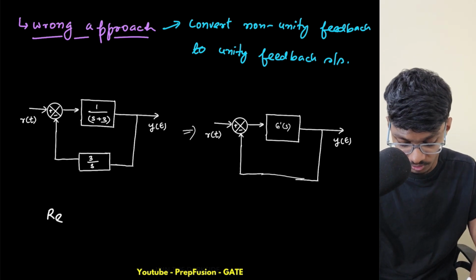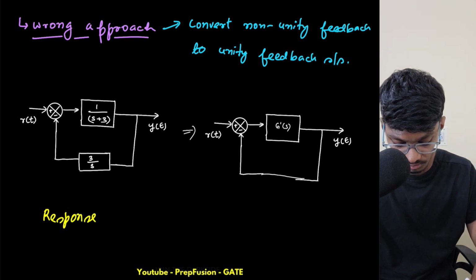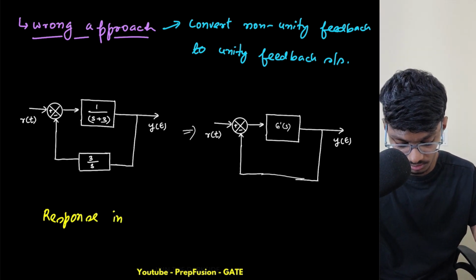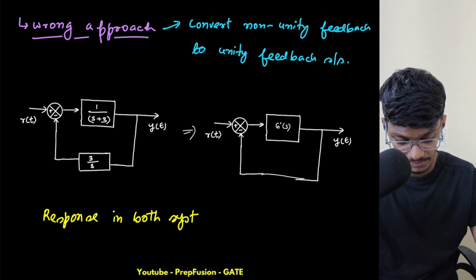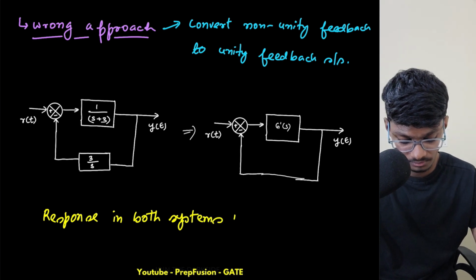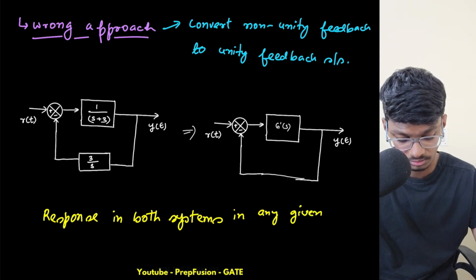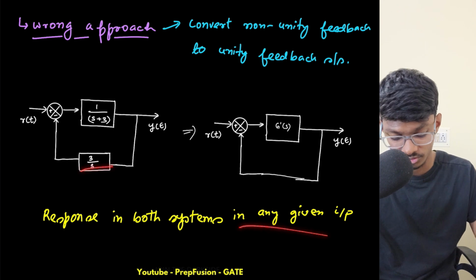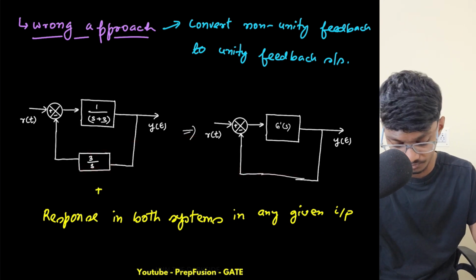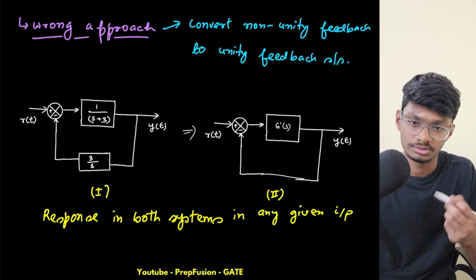They're saying my response should be the same in both systems, for any given input, in system 1 and system 2. Now one is unity feedback and another one is not.